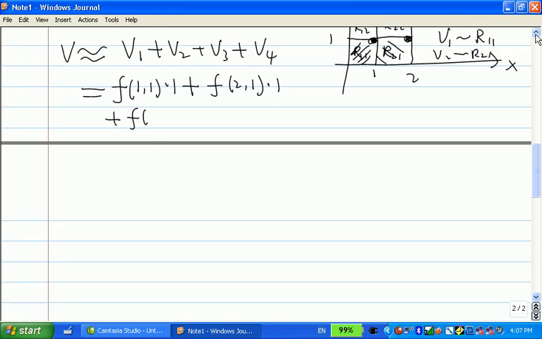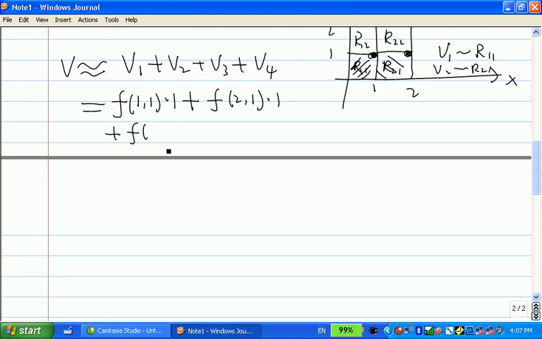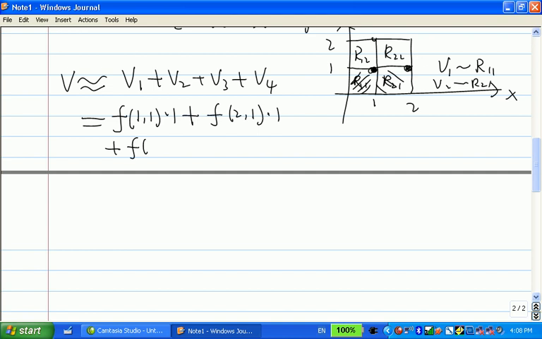Then plus F. Now I'm calculating V3, which is a rectangular box above R12. The upper right corner is this point, where x is 1, y is 2, then times the base area, which is 1.